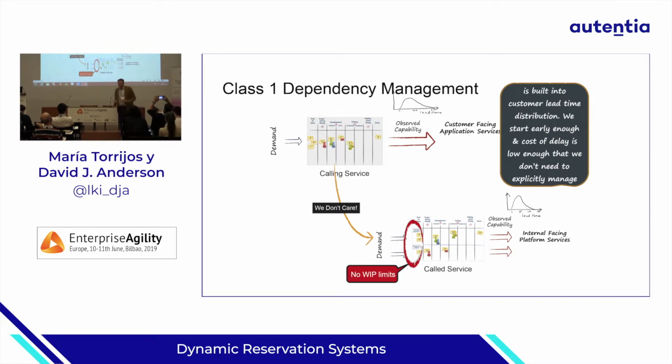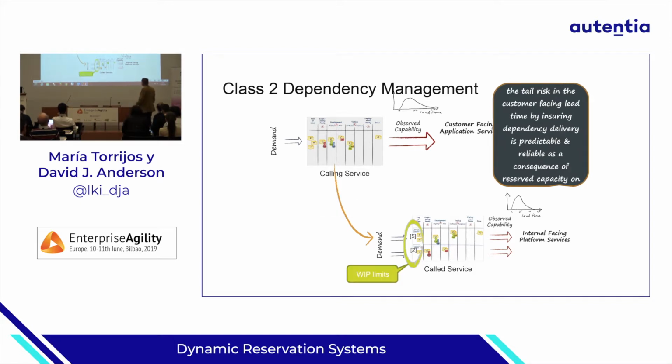And along the way we discover, oh, it's got a dependency. So we send a ticket to the other board, and the other board deals with it whenever it deals with it. And then it comes back to us and we carry on. And it took longer than we might have wanted, but nobody really cares because the risk was low, the cost of delay was low.